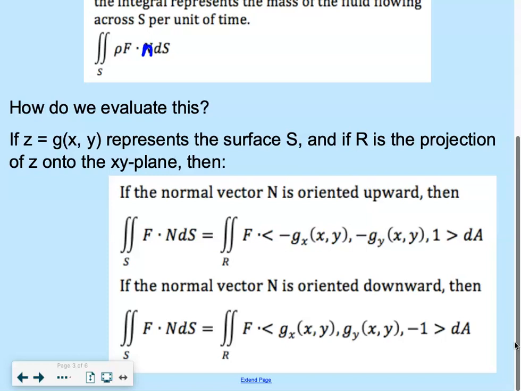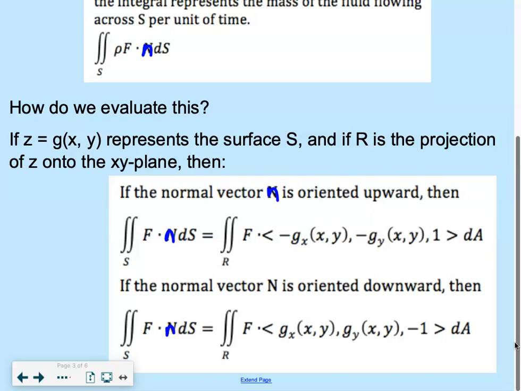But if z equals g of x, y represents surface S, and R is the projection of S onto the xy plane, then if the normal vector n, and I'm going to call it lower n now just so that we don't get it confused, is oriented up, then this normal vector n is a little bit like the gradient: partial x, partial y, and then a 1.